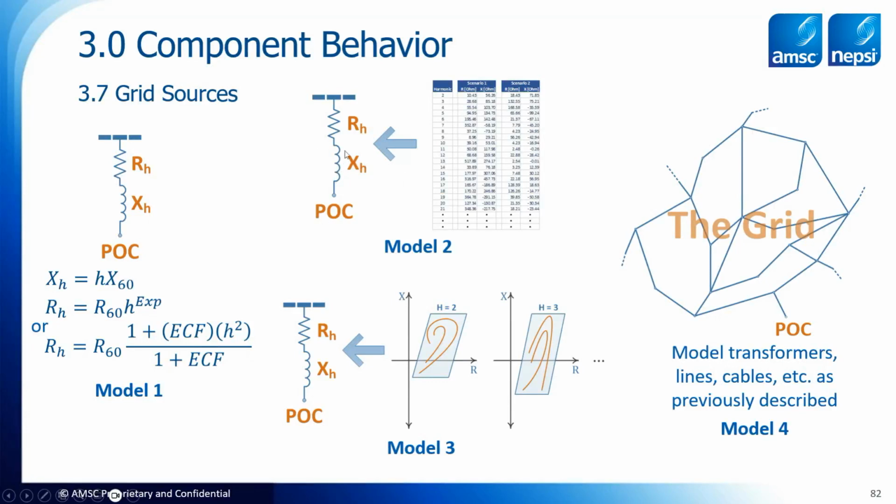So any resistance or change in resistance or reactance that occurs is just built into the table at each one of the harmonics. And as I said, you could have multiple scenarios for the different operating conditions of the grid. Model 3 is literally identical to Model 2, except it's just enormously more wide open in terms of what R and X might be.